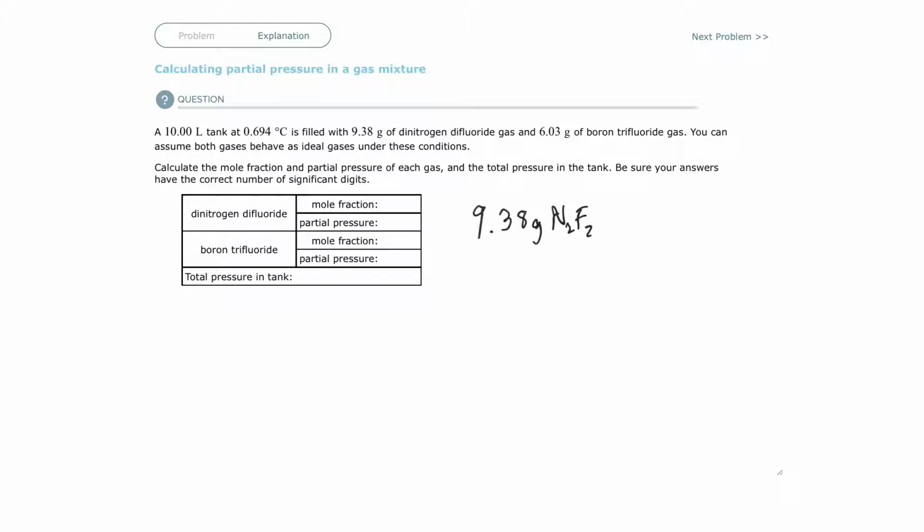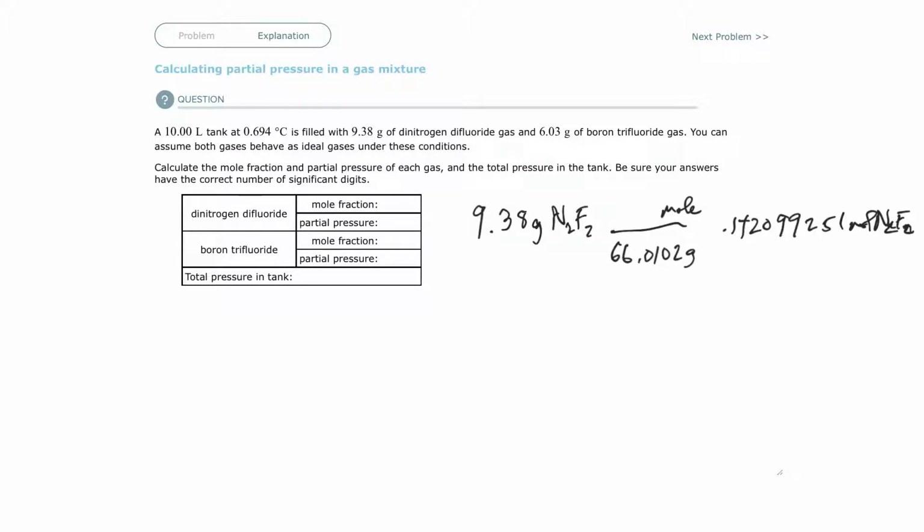And I already looked up the molar mass from the periodic table, and it is, for two N's and two F's, 66.0102 grams in every mole. And when you divide that out, you get 0.142099251 moles of N2F2.